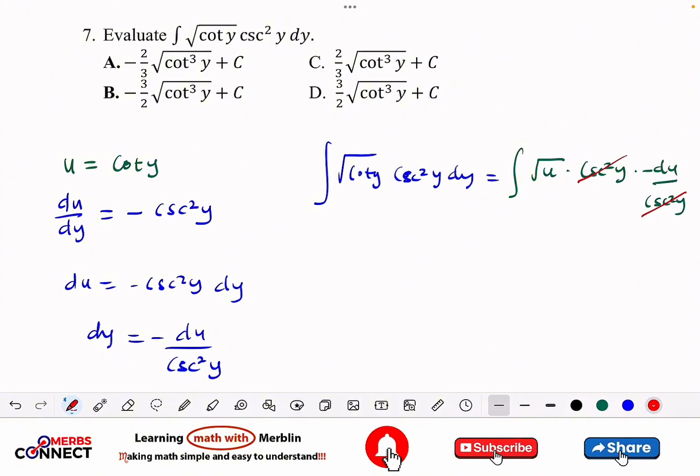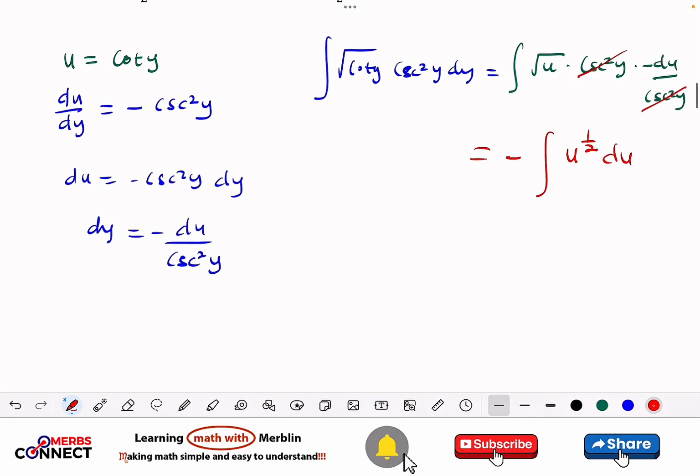So I'm going to have minus the integral of u to the power 1 over 2 du, because square root of u is the same as this. Now let's do the integration. Minus, this is going to be plus 1, so 1 divided by 2 plus 1, which is going to give us 3 on 2. So let me just write it: u to the 3 on 2 divided by 3 on 2, plus c.